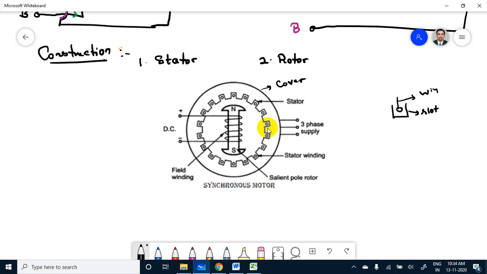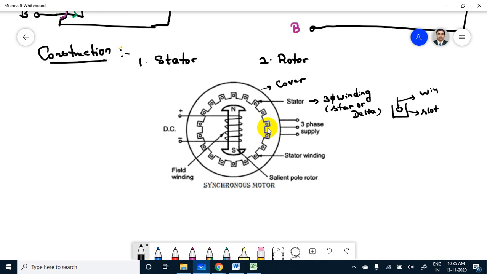The stator has a three-phase winding, either in star or delta.